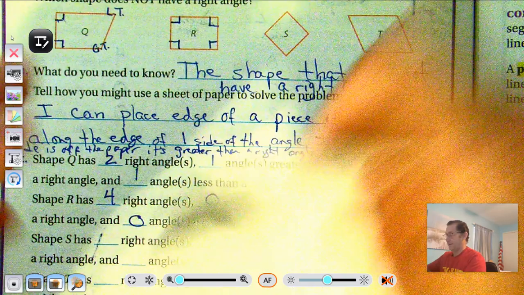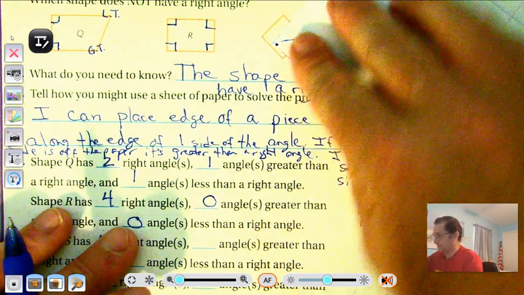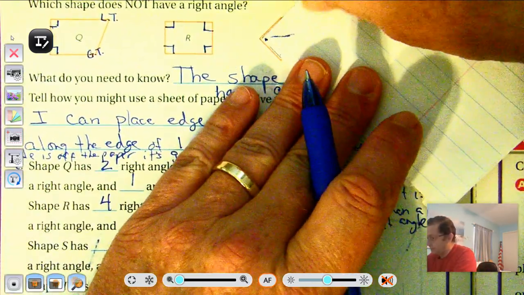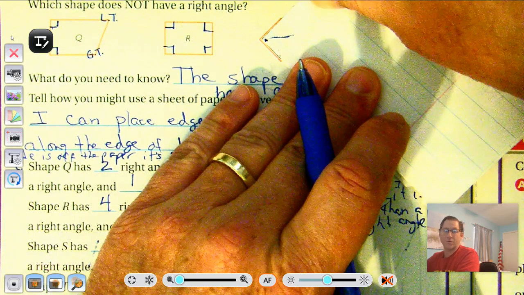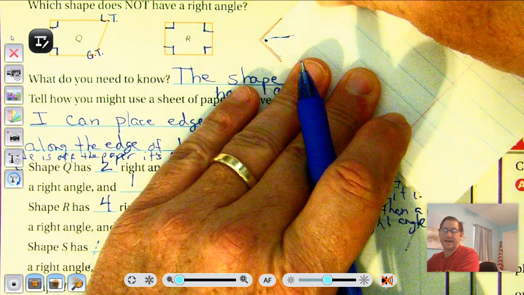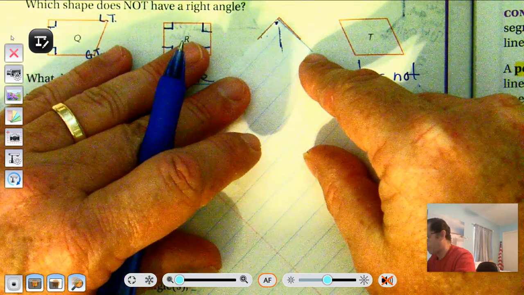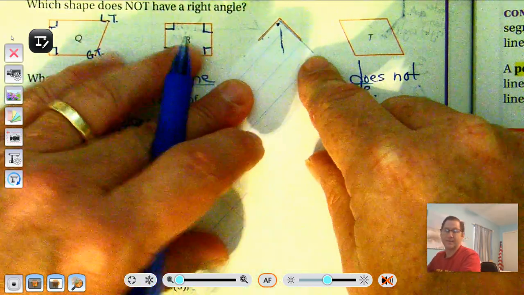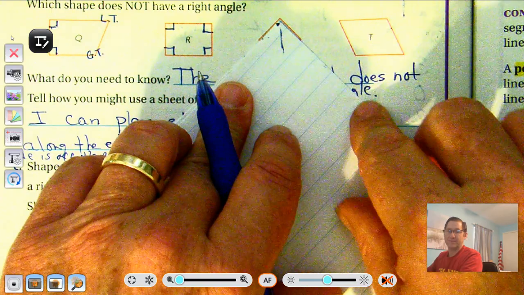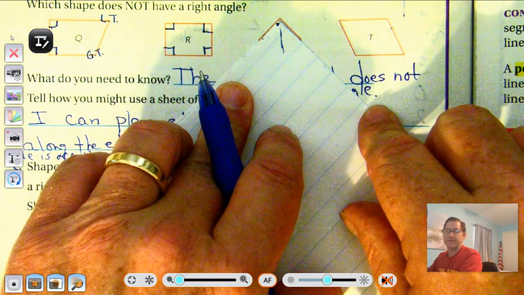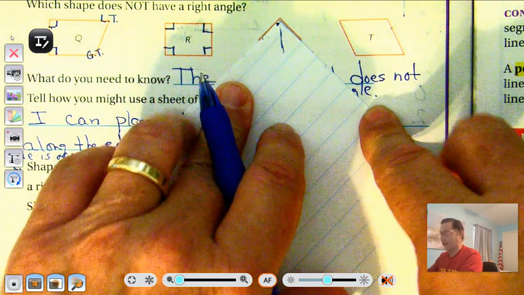Well, if we put S and we line that up, okay, I can see both sides of the angle right along the edge. Let's go to this corner. I can see the corners again. I can see both sides of the angle right along the edge of my paper.